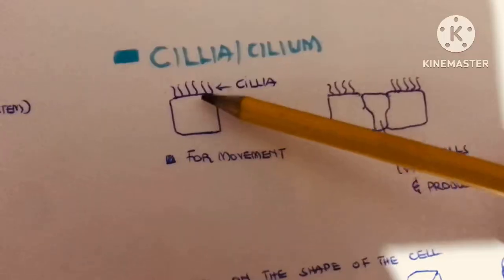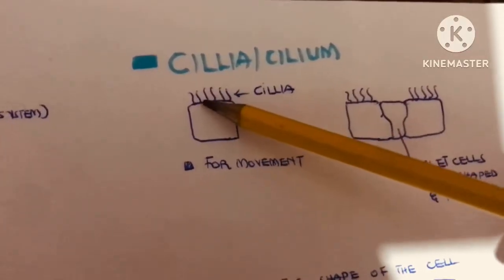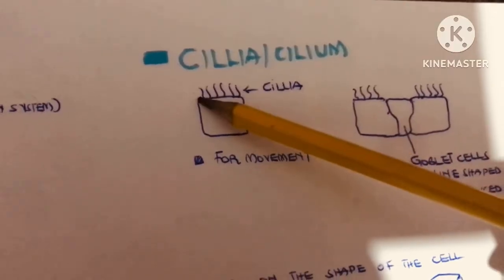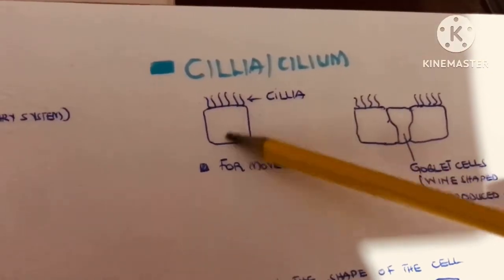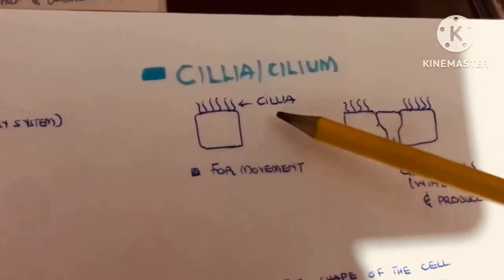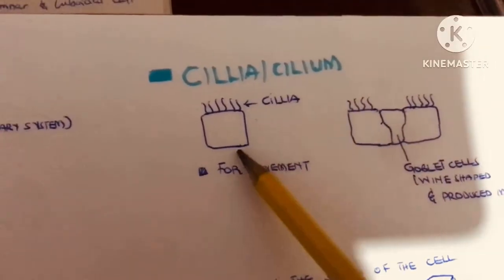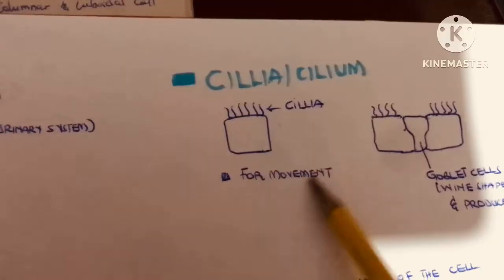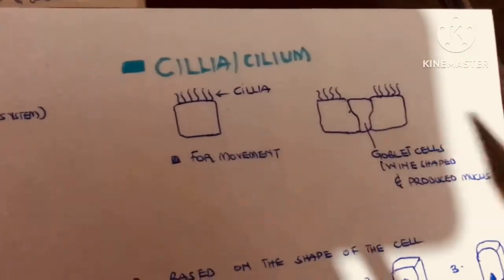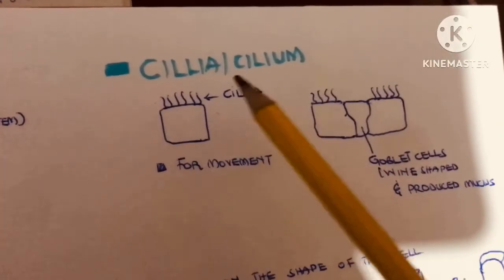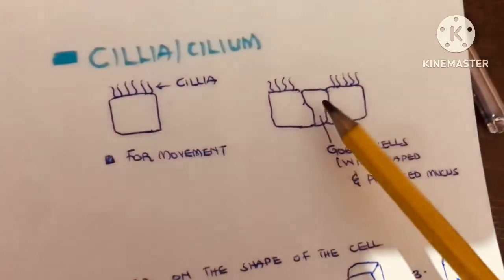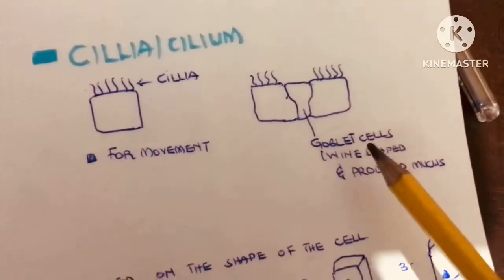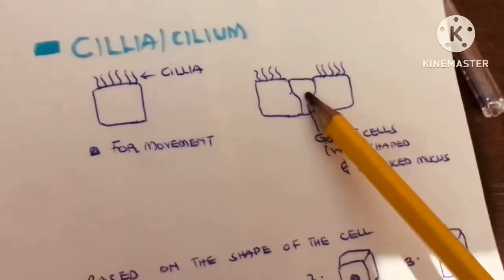Now the next one that I'll talk about is the cilia. You see that these cilia are found on the apical surface of the epithelial cell. You understand? And these cilia are for movement. Mostly wherever you find cilia, you find these wine-shaped cells called goblet cells.